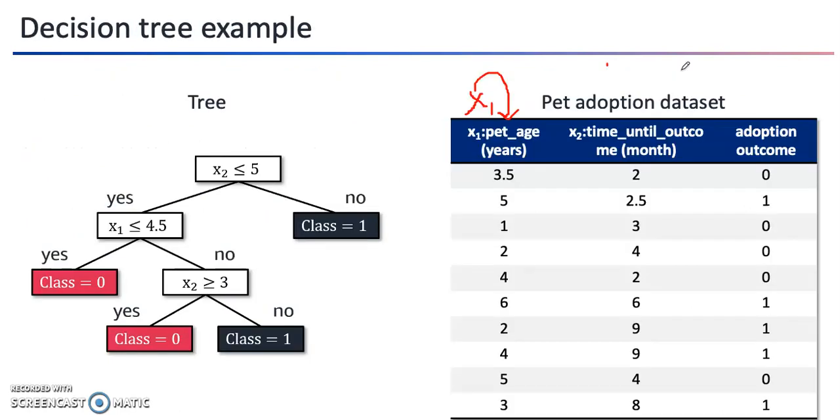So let's refer to a familiar data frame that stores information about adoption of pets in a no-kill shelter. What we're seeing on the screen on the right-hand side is a subset of this data frame. The column that's called X1 contains information about the actual age, the chronological age of the pet, in units of years.